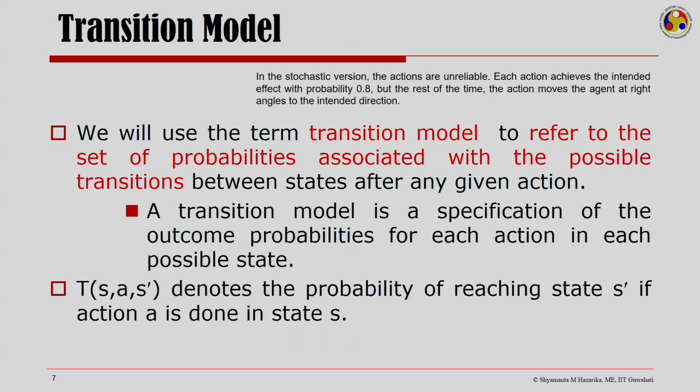In our case, the transition model is given as T(s, a, s'), which denotes the probability of reaching the state s' if I do action a in the state s. Under such a transition model, I would know the likelihood of a given action in a given state leading to a new state.